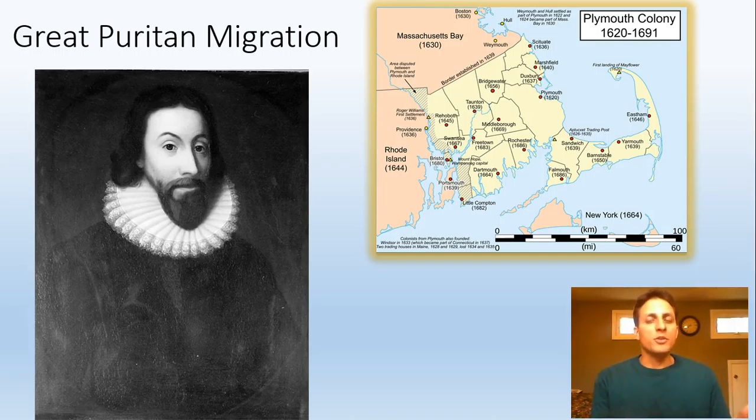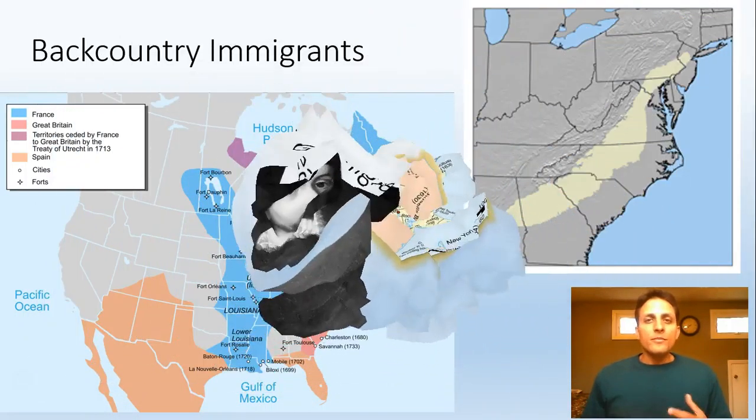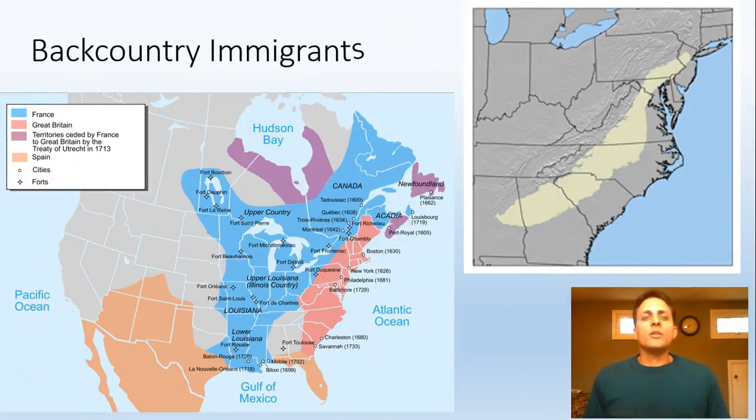They're facing religious persecution. They might want economic advantages. Primarily, the Puritans are coming to try to establish what they deem to be their utopian version of the Protestant church here in America. Now, later on, you're going to have other immigrants coming to the New World, and for the British, you're going to have a lot of these new immigrants.